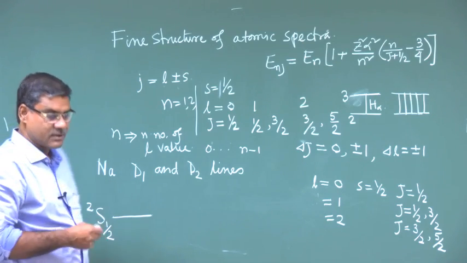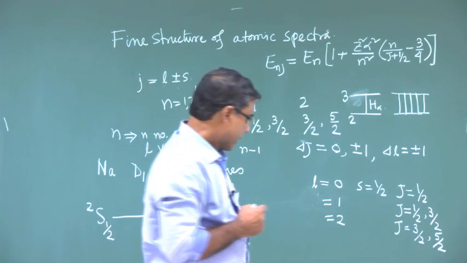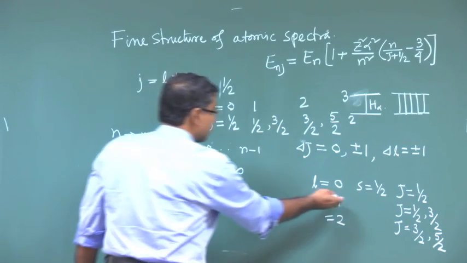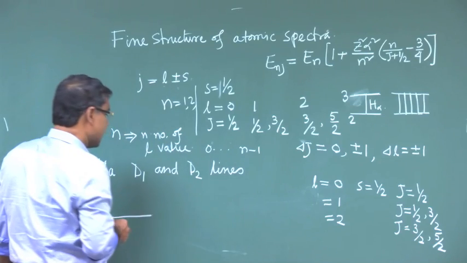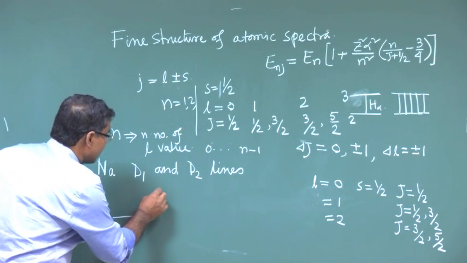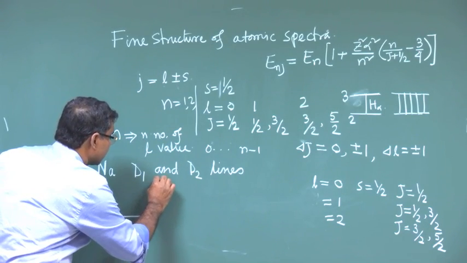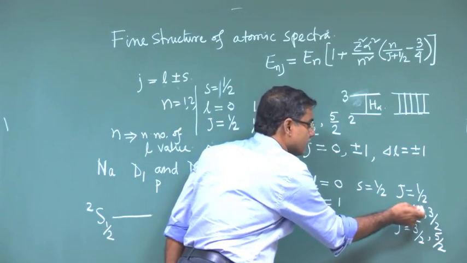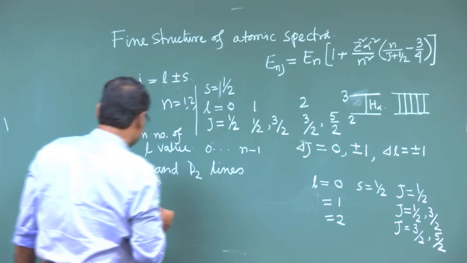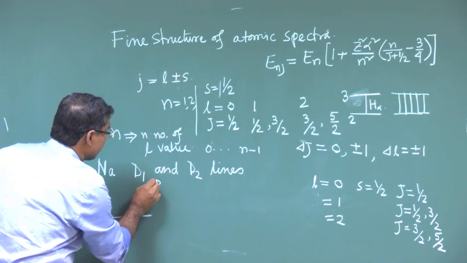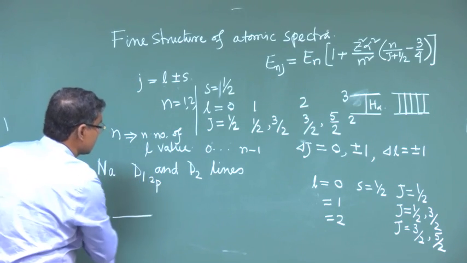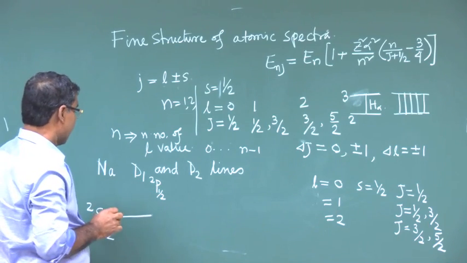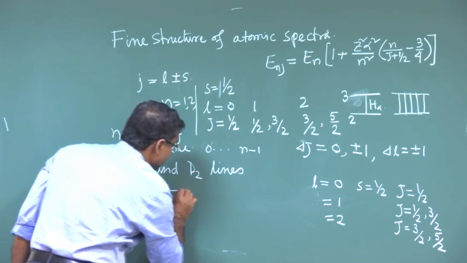So, this is one term, with one energy level. Then L equal to 1 is term P. P will have 2 J values, half and 3 by 2. This also has multiplicity 2, and this is one term.